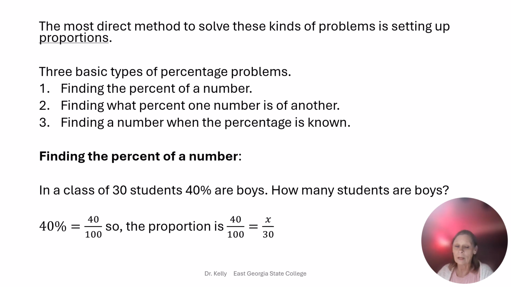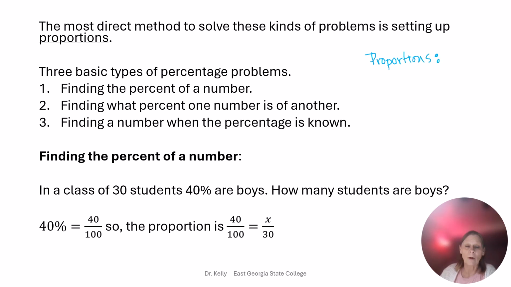Finding the percent of a number. Without a doubt, this is the easiest one for students to generally do. When you're dealing with percentages, you already have one full ratio. And remember, to solve a proportion, let me remind you that proportions are ratios.